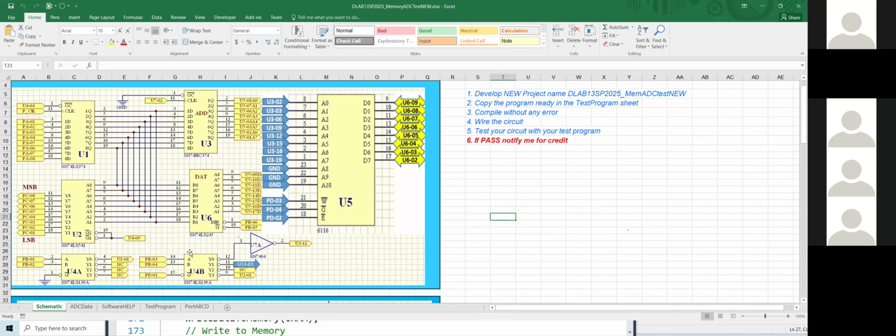So now, for writing data into the memory, the first thing is writing the memory location AA. You write port A, 0xAA. The data goes this way.